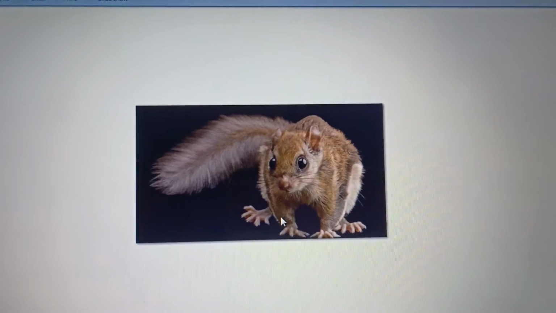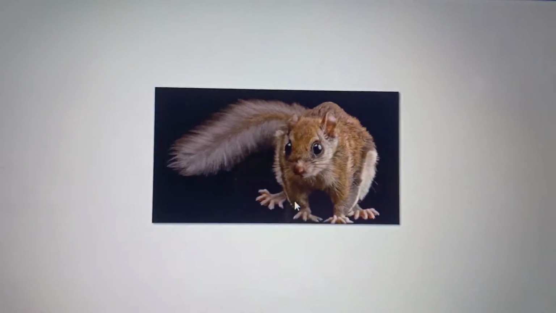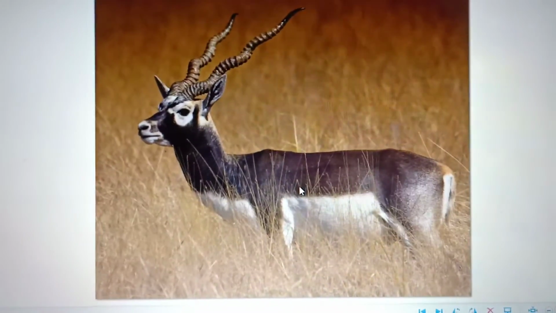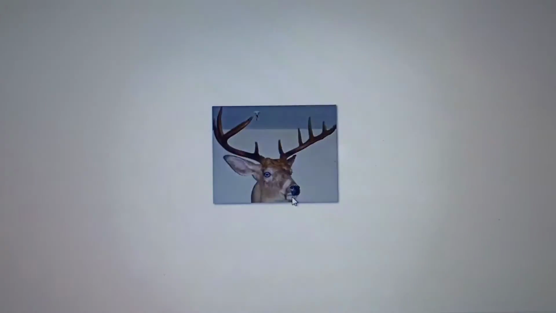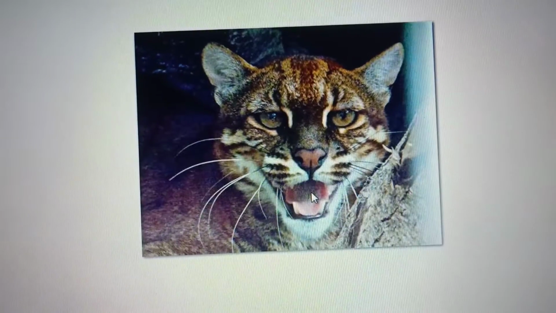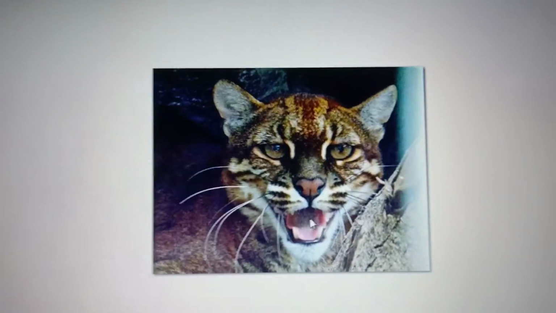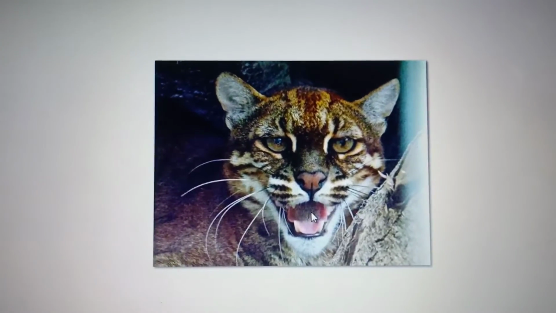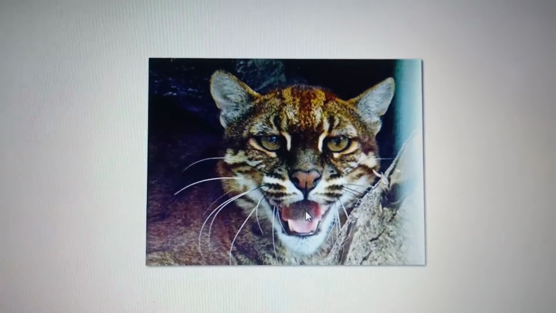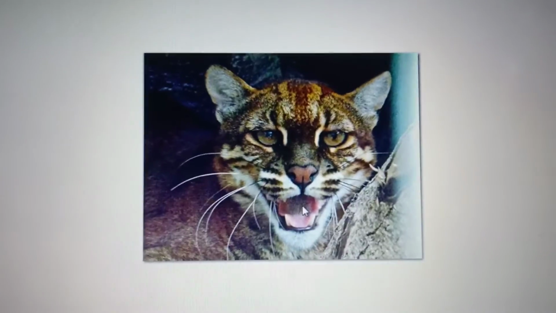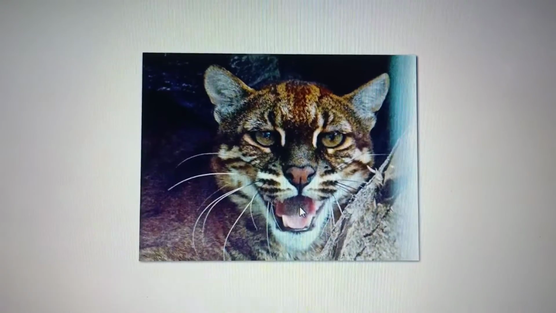And some of the threatened wild animals, like we'll see in the picture: there is black buck and white-eyed buck and golden cat. These kinds of animals are also protected in the wildlife sanctuaries, because for threatened wild animals the number is very low.